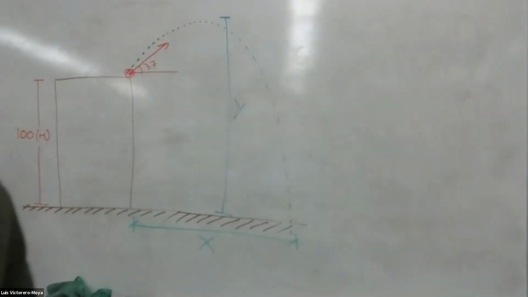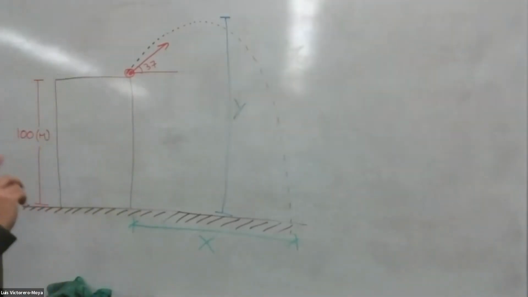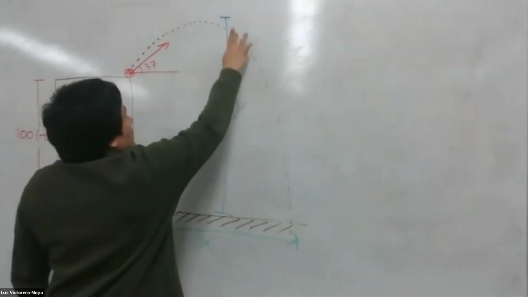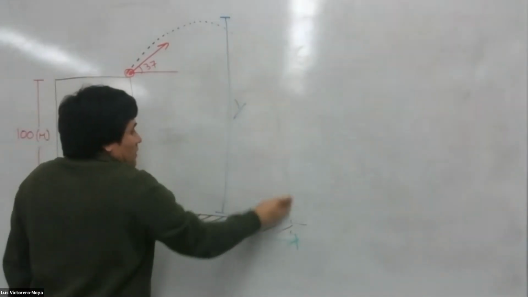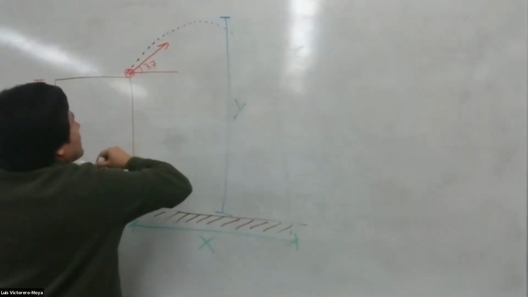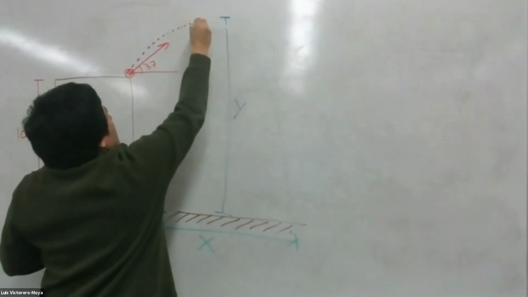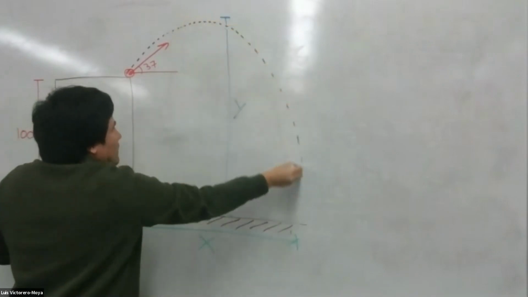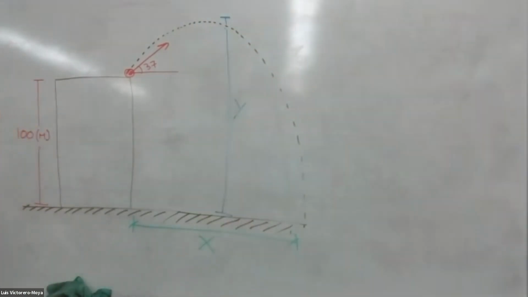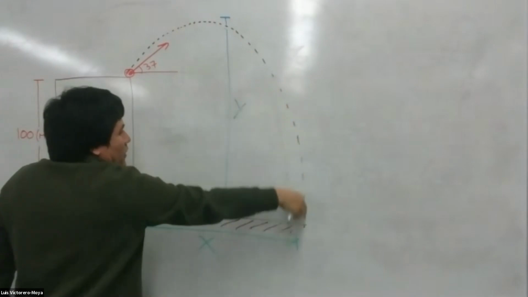This is a problem where the time to go up is not the same as the time to go down. It's not, because of the symmetry. The symmetry only lasts till around here. But then it keeps going down.